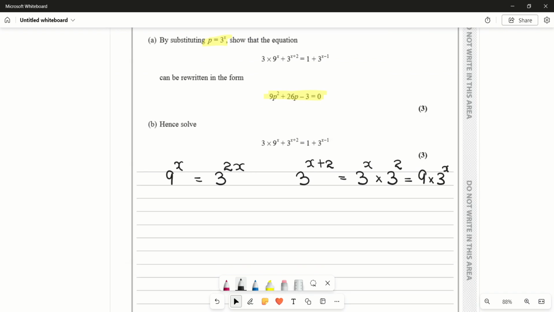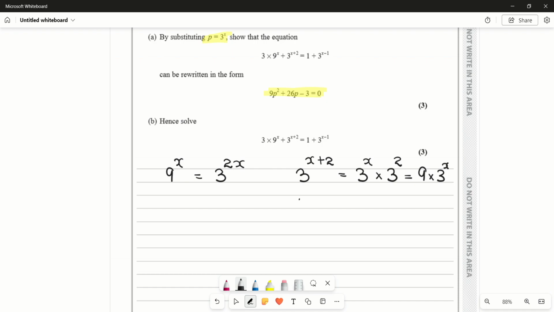In the same way, I can rewrite 3 to the power of x minus 1 in here as 3 to the power of x multiplied by 3 to the power of minus 1. 3 to the power of minus 1 can be written as 1 over 3 to the positive 1 multiplied by 3 to the power of x.